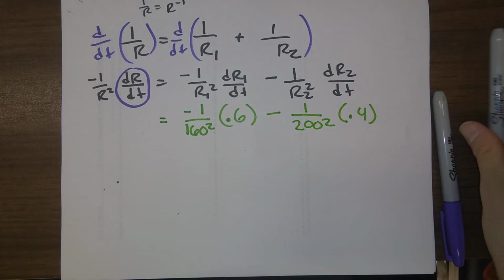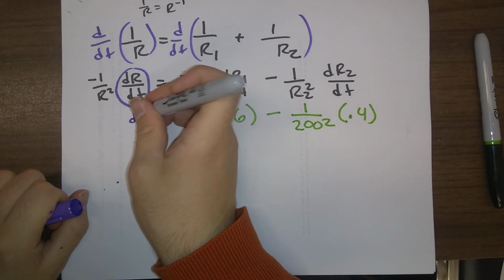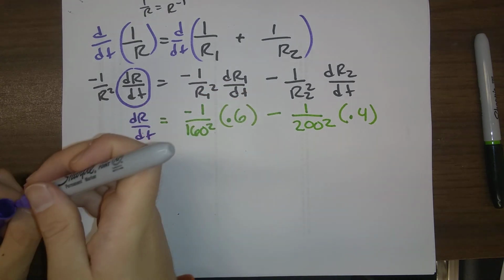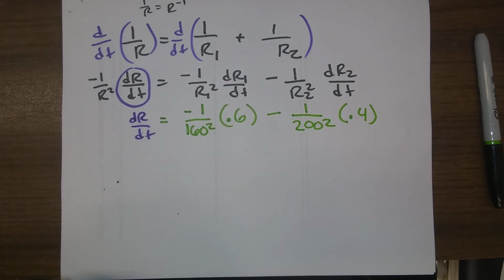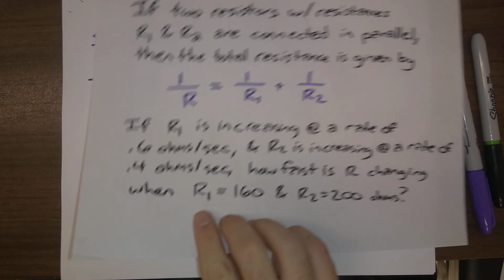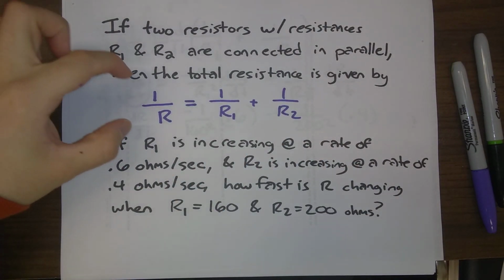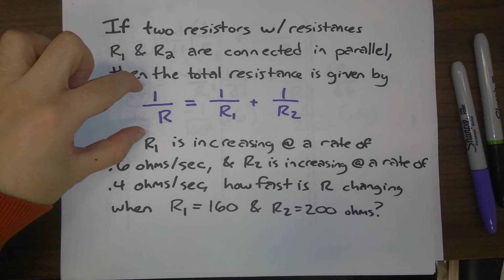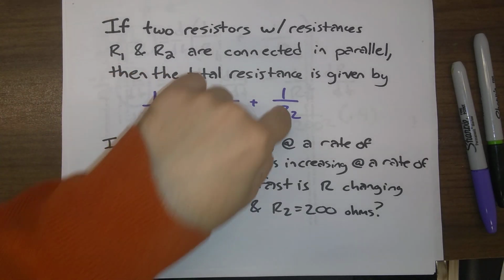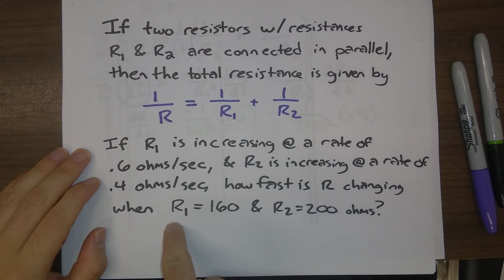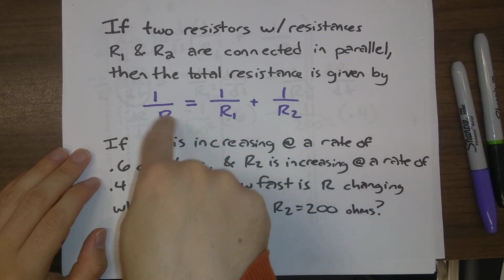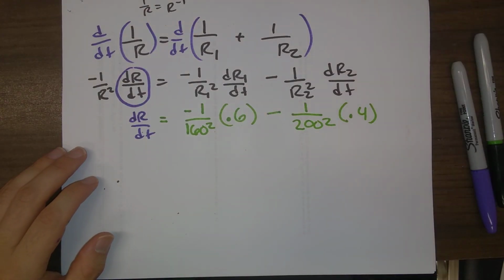So now the only thing that we have left is that we have to fill in what R itself is. Now we weren't told what R is, so we have to use this equation that relates R to R1 and R2. We have to plug in the values of R1 and R2 into this equation so we can figure out what R is.